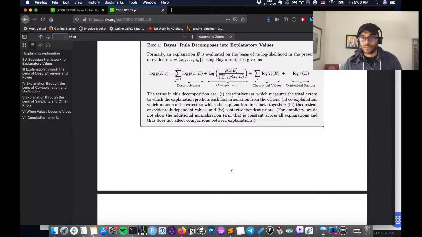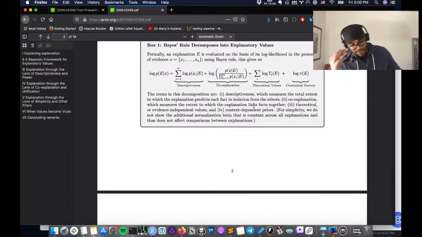So descriptiveness, which measures the total extent. So this P function here is different in these two settings. But total extent to which the explanation predicts each fact in isolation from the others.